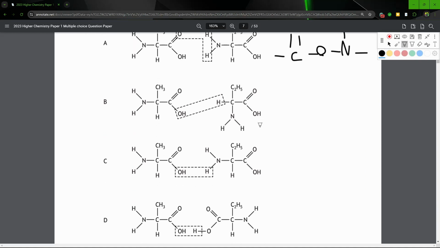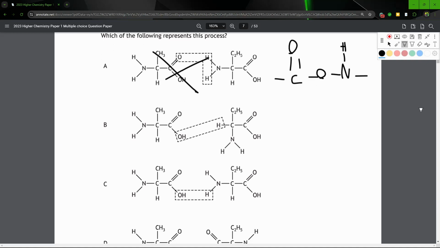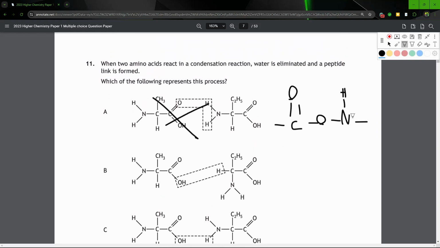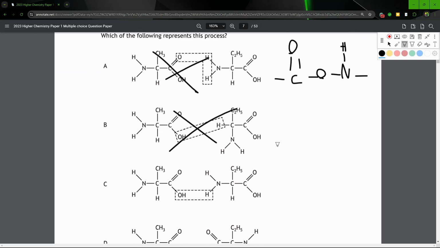So what do we need to figure this out? Well, we've still got this double bonded oxygen, right? So that means A doesn't work, because it's going to ruin this double bonded oxygen. And it also has to involve a nitrogen, which rules out B, where it's reacting with a carbon.